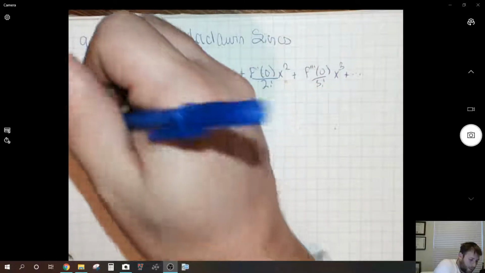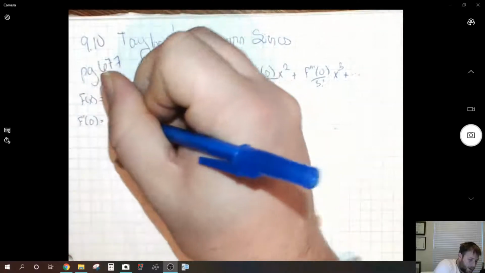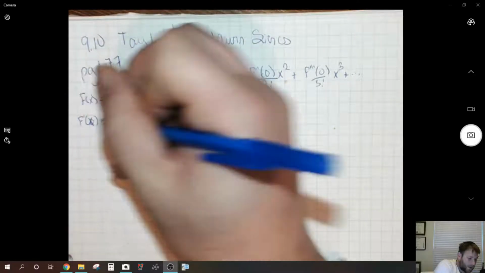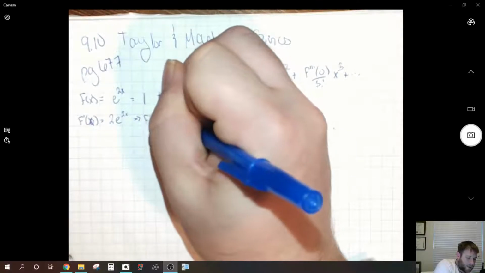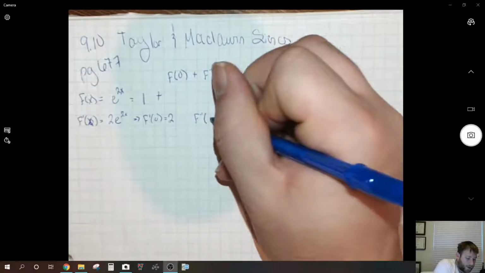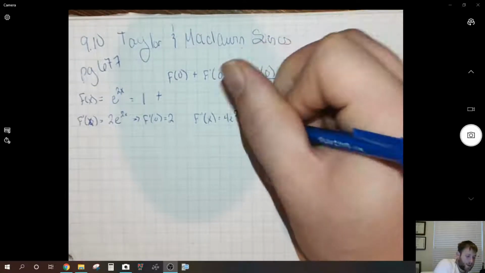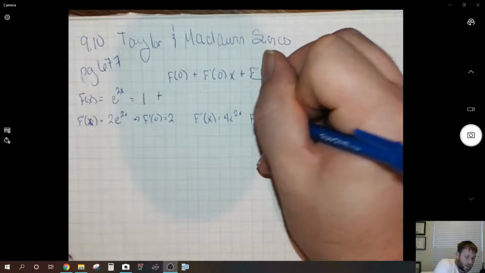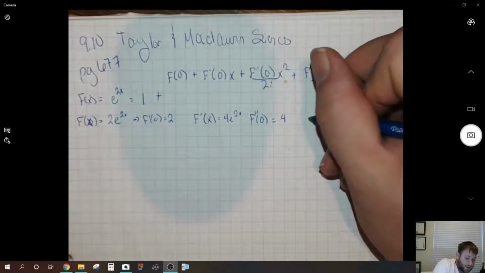f prime of 0. Well, f prime is 2e to the 2x, which means f prime of 0 is 2. And then f double prime of x is 4e to the 2x, which means f double prime of 0 is 4. Let's do another one.